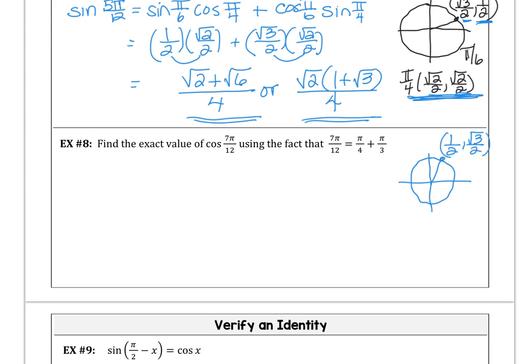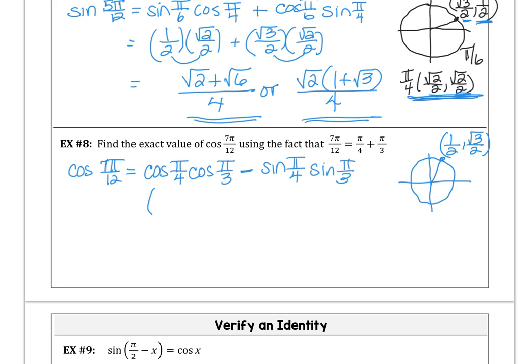And our pattern for the sum of two angles using cosine is going to be cosine, cosine minus sine, sine. So cosine of the first angle, cosine of the second angle, and then we're going to subtract the sine of the first angle times the sine of the second angle.